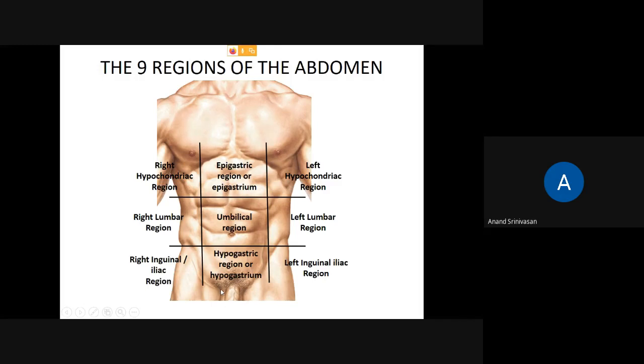Why have they included the perineum in the abdomen? A perineum is a separate reproductive organ, right? So why should we include it? Because the genital organs usually descend from the abdomen embryologically.